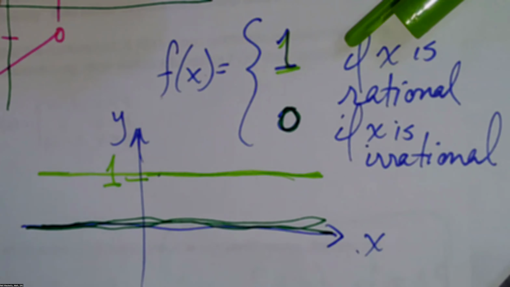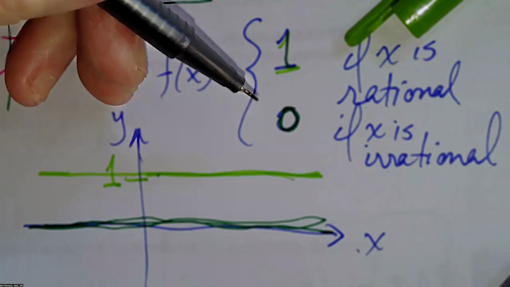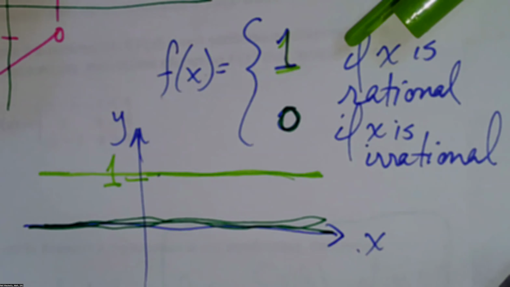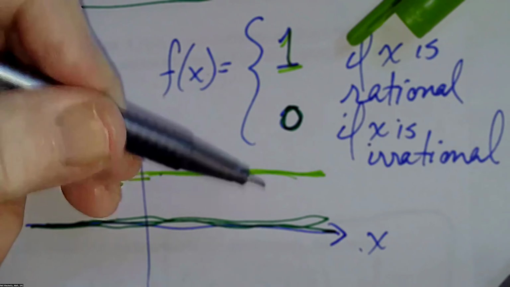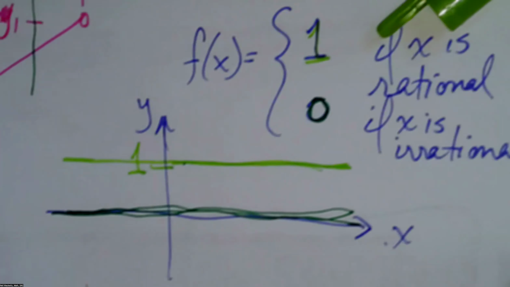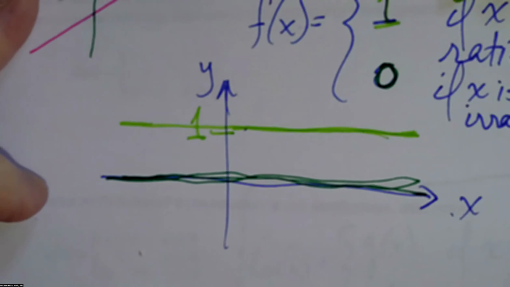Because there are infinitely many rational numbers, and there are even more irrational numbers. So this jump discontinuity is the worst jump discontinuity that exists. Is that cool?